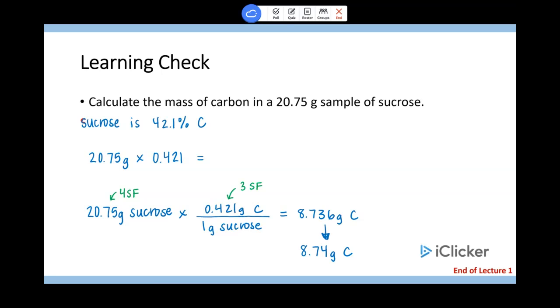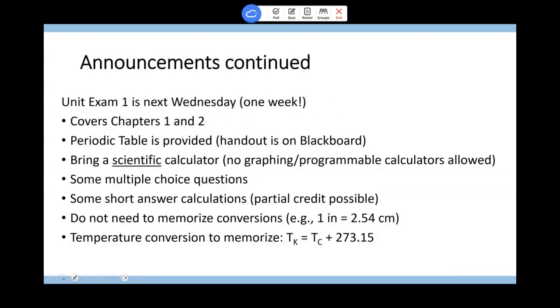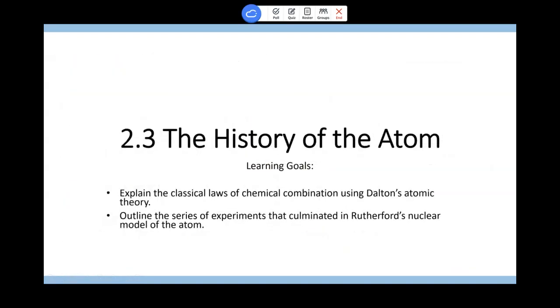Okay, we will go on to 2.3. In 2.3, we're talking about the history of the atom. So we're going to talk about Dalton's atomic theory, and then a series of experiments that were done after Dalton published his atomic theory in the early 1800s.